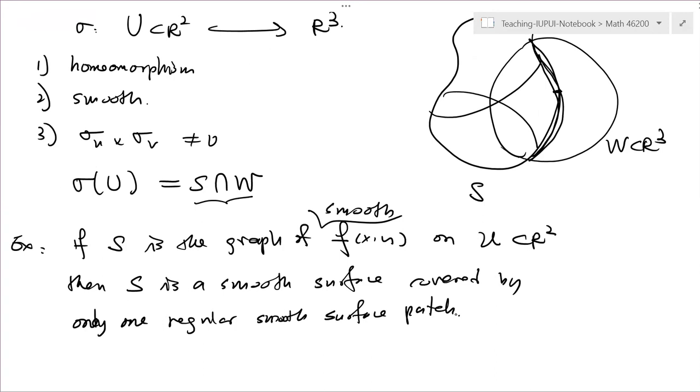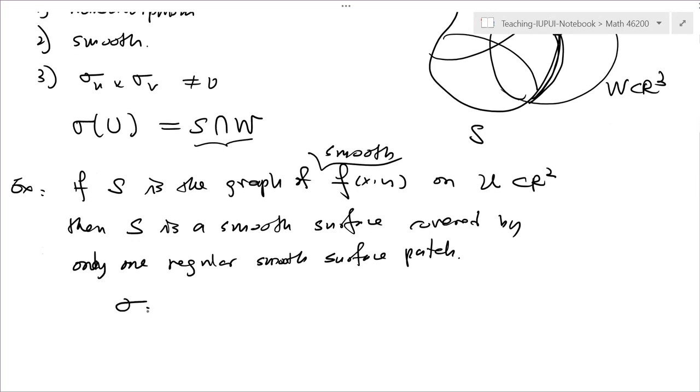Let me write down the sigma. This sigma is a map from U into R3. If you use u, v, then it is (u, v, f(u, v)).